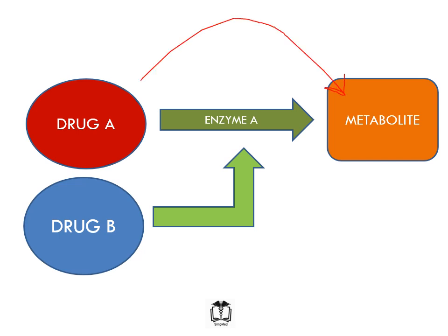Whereas we could have a scenario where drug B is an enzyme inhibitor of enzyme A. In that case, when we give these two drugs concurrently, drug B would block the metabolism of drug A, and thereby we have more of drug A accumulating in the blood.